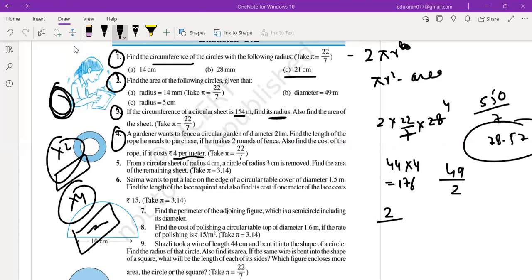I didn't get it. Just do one thing. You have to find the circumference. Clear? Okay, ma'am. And once you find the circumference, let me know. Then I'll tell you the next step. Okay?